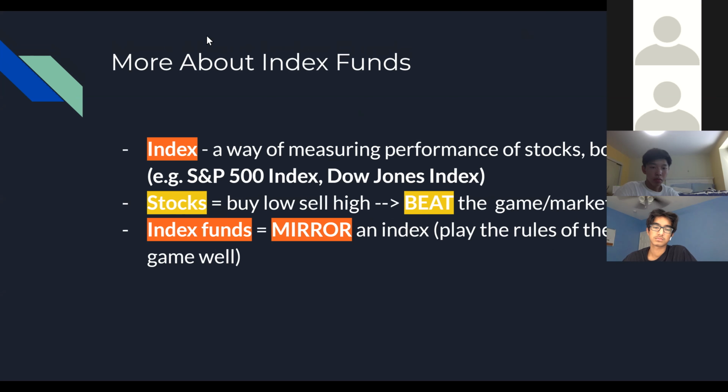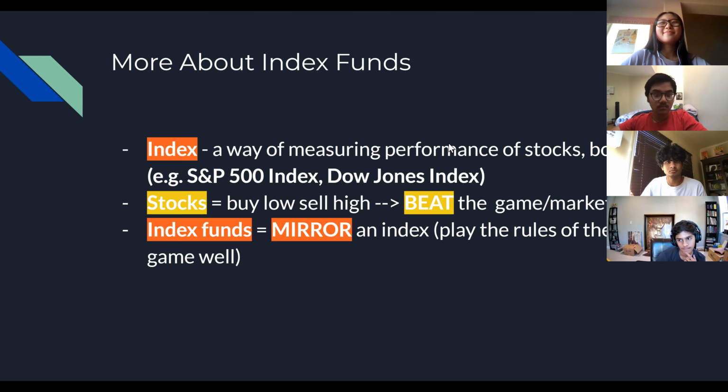And just to help you better understand it, I have a quick analogy. Say you have 500 different types of burgers, okay? At Wendy's you have the Baconator, at McDonald's you have the Big Mac. These are all the different types of burgers that you can buy at different restaurants.